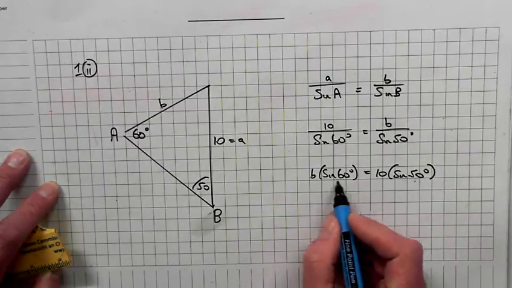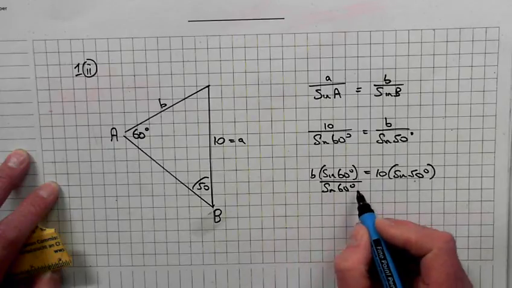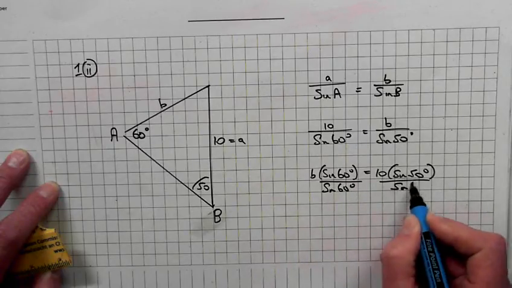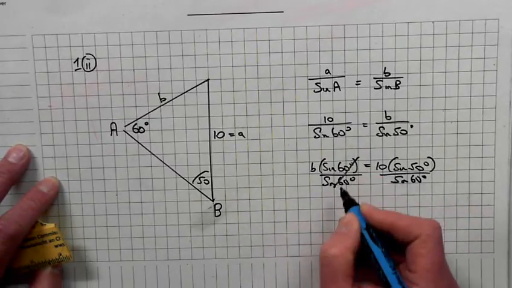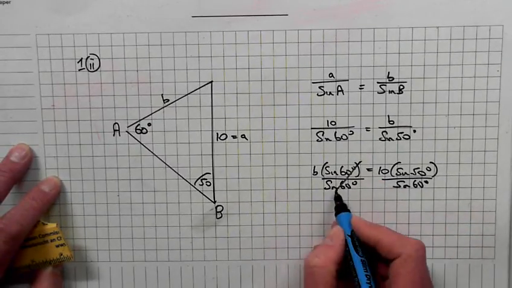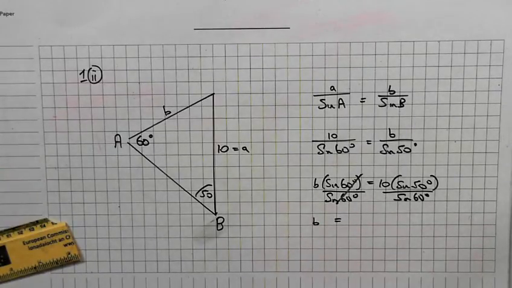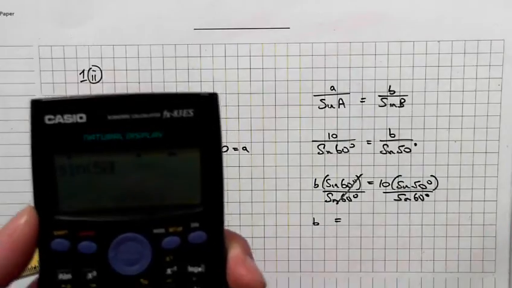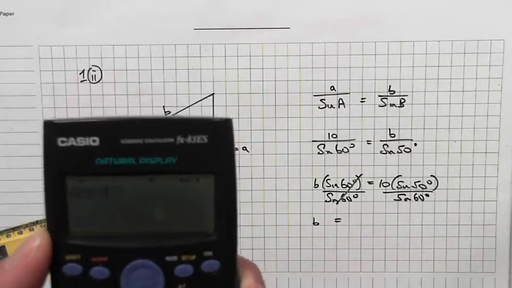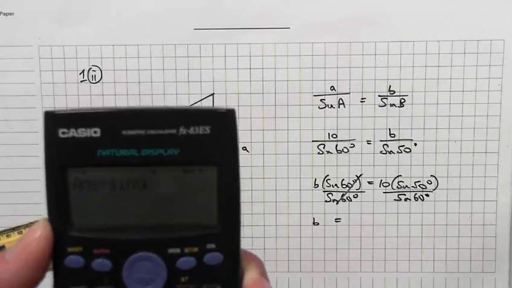Now we don't want sine of 60 on this side, so to get rid of it, divide by the sine of 60. What you do on the left you have to do on the right. So that becomes 1. Sine 60 divided by sine 60 is 1. b is equal to, calculator: the sine of 50 times 10, divided by the sine of 60.